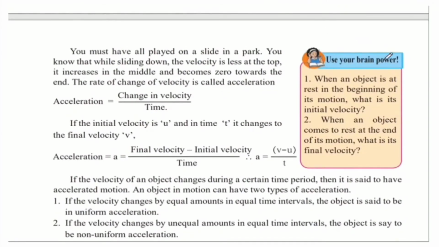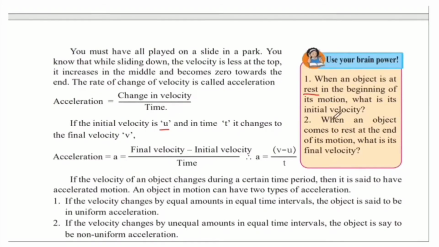Use your brain power. When an object is at rest in the beginning of its motion, what is its initial velocity? So they are telling us that before it starts its motion, the object is at rest. That is, it is not moving. Therefore, the initial velocity would be 0. And initial velocity is usually taken as u. So, in this case, the initial velocity, that is u, would be 0.